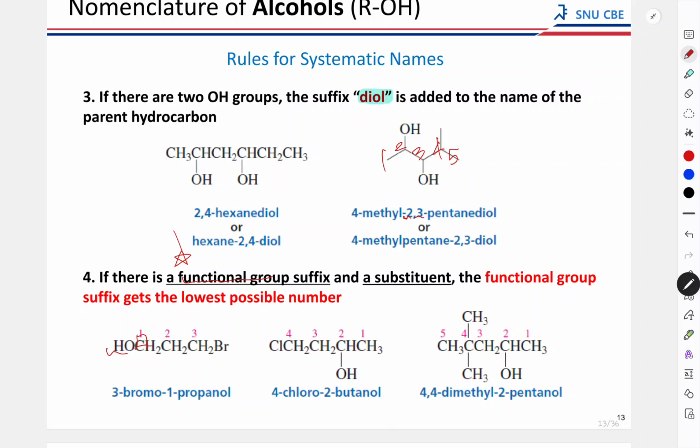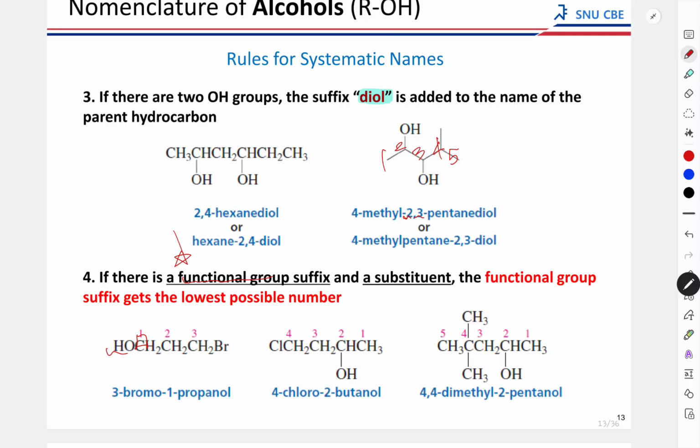This is going to be 2-butanol at the end of the day, but you have the chloro moiety at 4. So you have 4-chloro-2-butanol. Again, the halide here is given as a substituent, so you make the halo a substituent: bromo, chloro, iodo, and fluoro. That's a substituent.